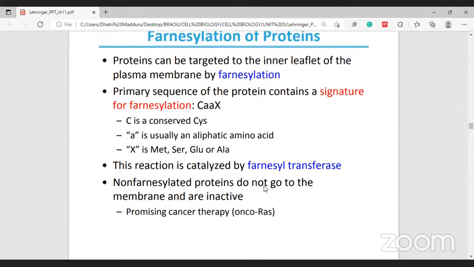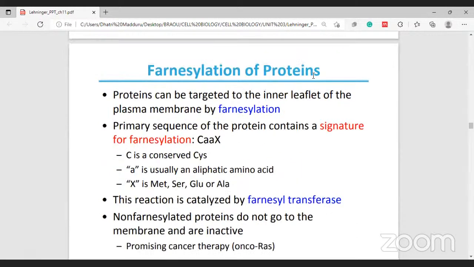So we have another term called farnesylation of proteins. So proteins can be targeted to the inner leaflet of the plasma membrane by farnesylation. That means we have a sequence which is CAAX. That means cysteine, then AA means any aliphatic amino acids, and X is methionine, serine, glutamine, and alanine. So here the primary sequence of the protein consists of the signature CAAX.